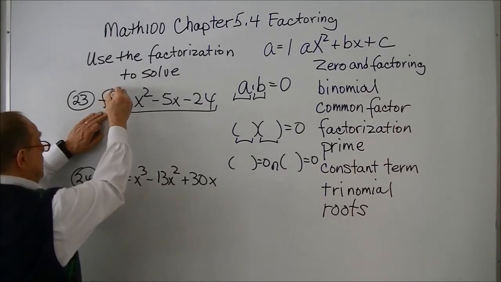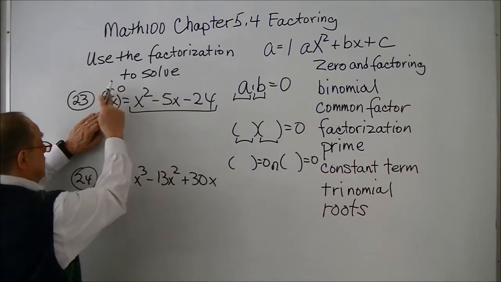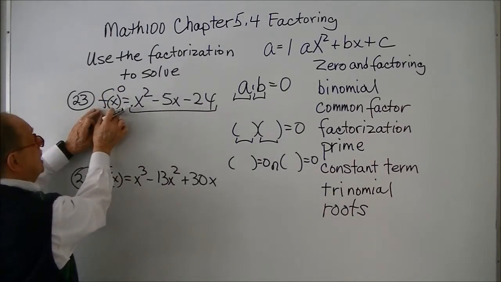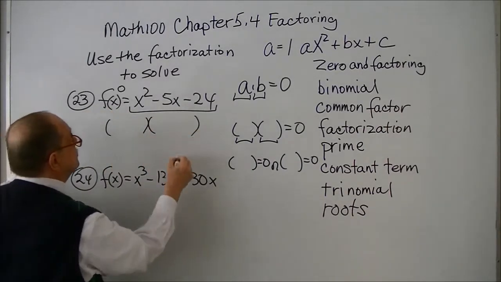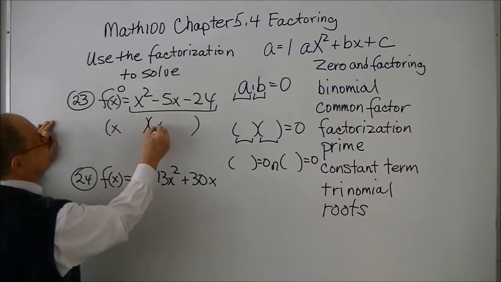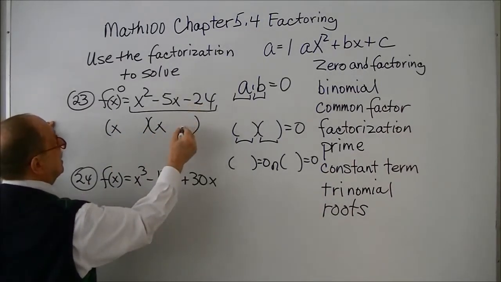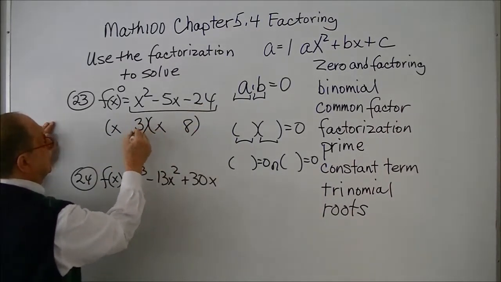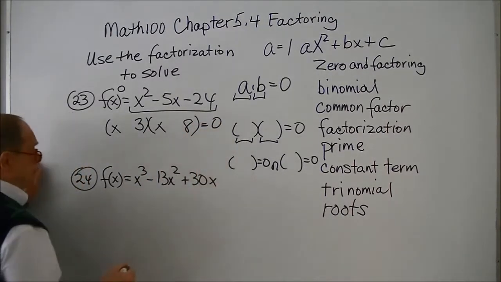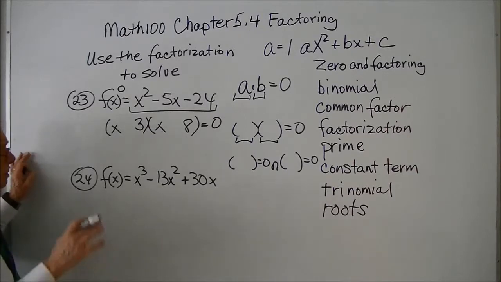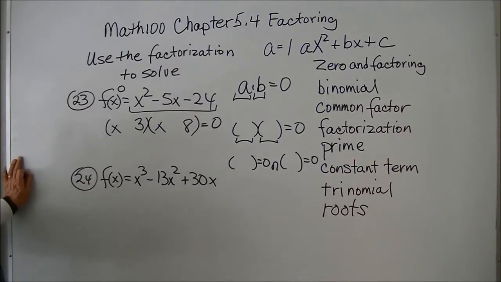This is going to be a 0 here, which will stand for our y, and we're going to factor that. Remember, this is equal to 0. Take a moment to see if you can figure out the signs.